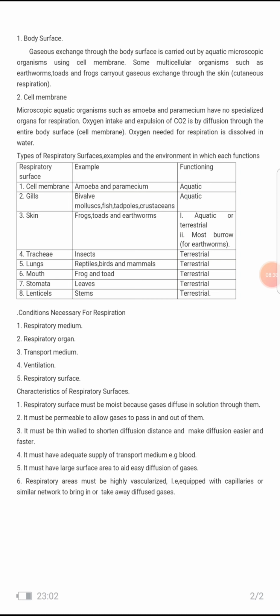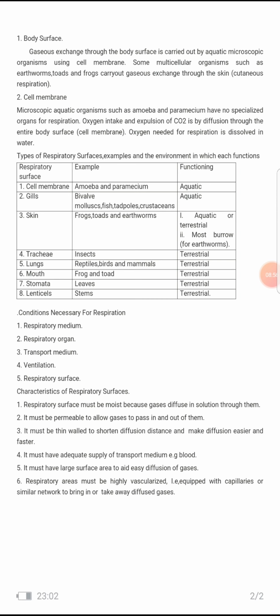Respiratory medium. What is that medium in which respiration will take place? Respiratory organ. What is that organ that will help for easy respiration? Transport medium. What is that organ that will transport the air, for inhalation and exhalation?